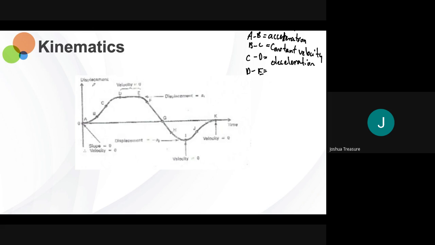Is the displacement changing? Let's say this is at 5 meters. Is it moving from 5 meters? Constant speed, sir. But we said it is constant speed at B to C as well.